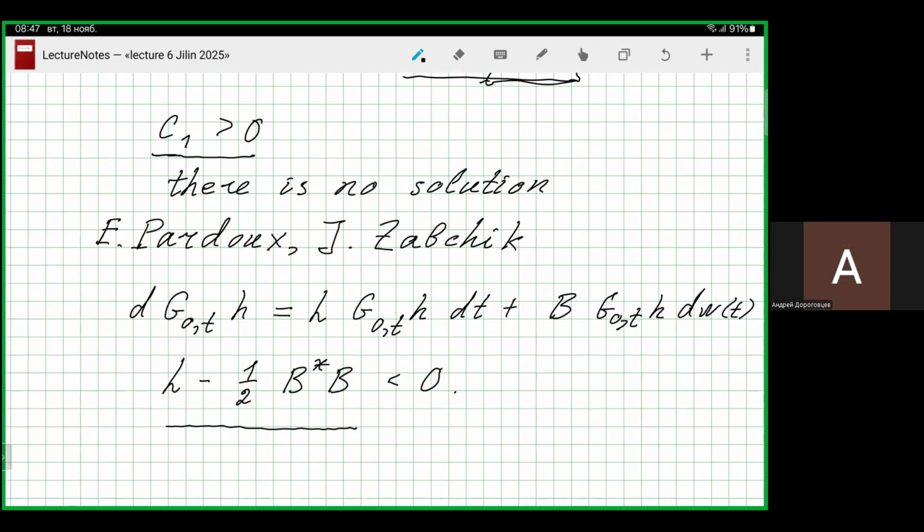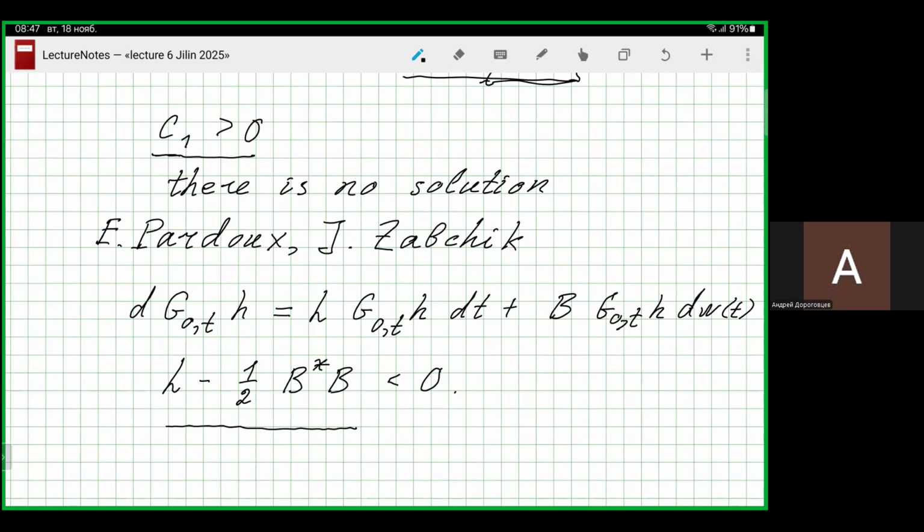But this example gives you a feeling that not always does a stochastic partial differential equation give us an example of a stochastic semigroup. Now let us begin to think in the backward direction.